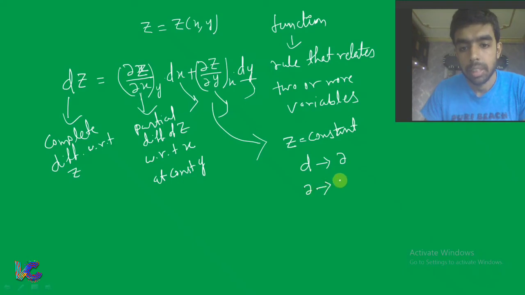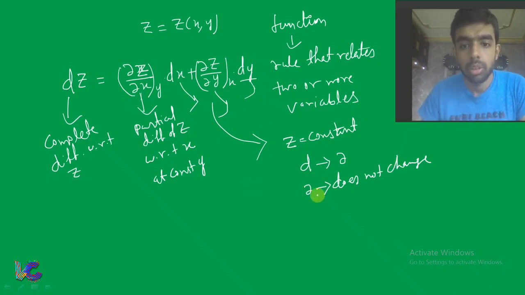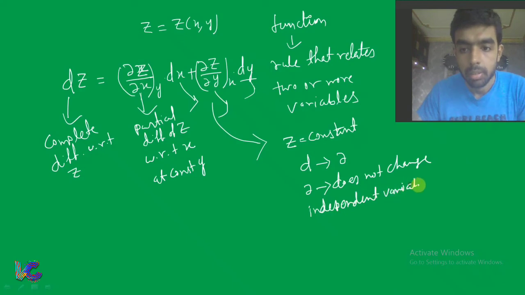Partial differentiation does not change. That means if we introduce a constant in the complete differentiation equation, it will have no effect on the partial differentiation, and also no effect on the independent variable.